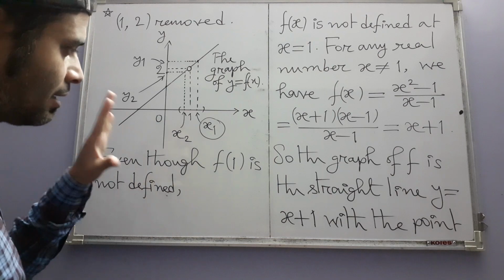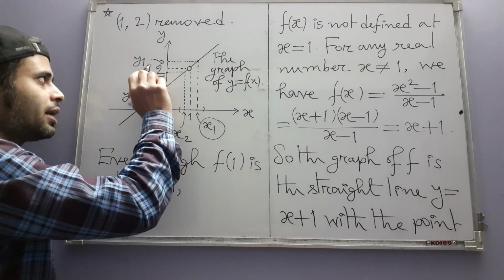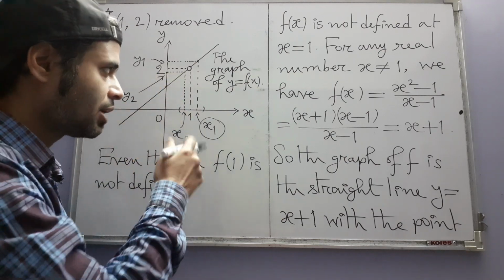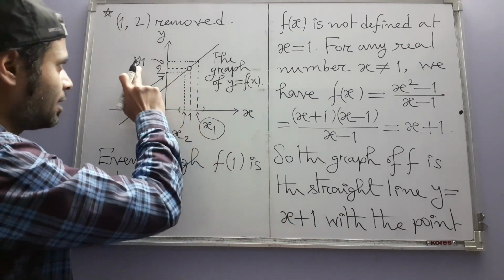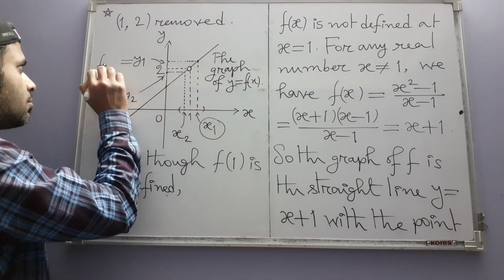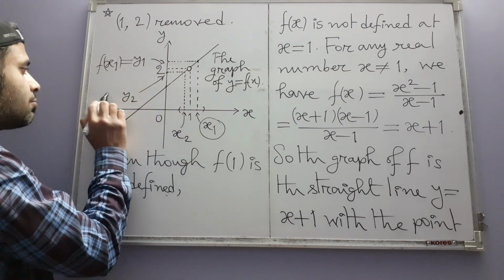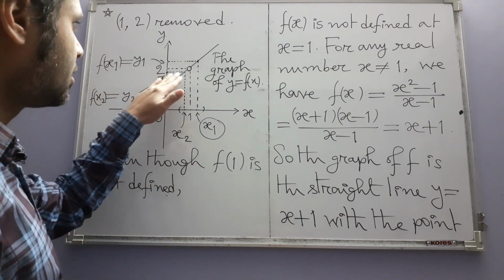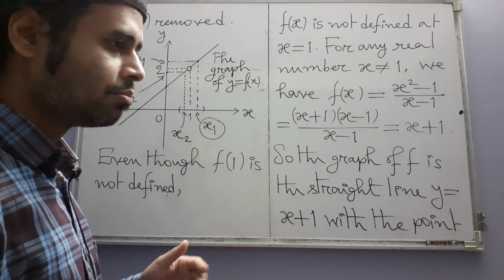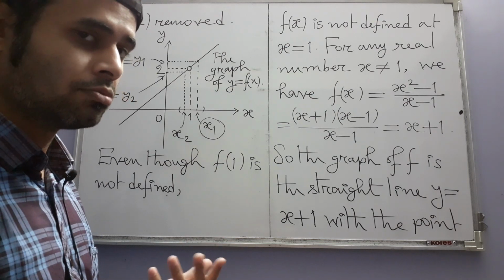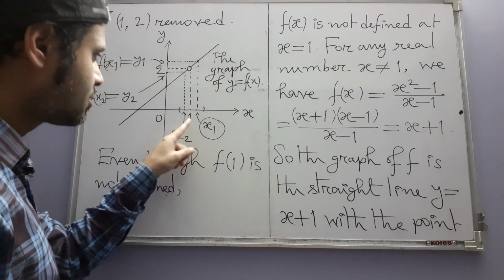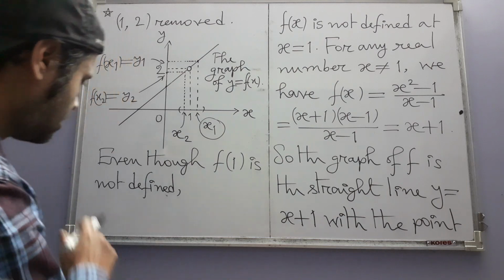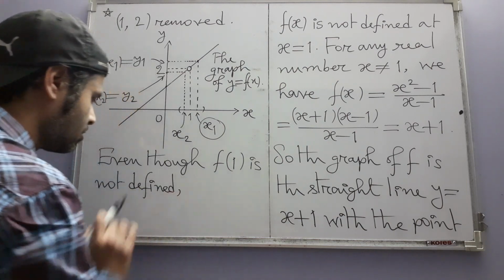What that simply means is that you can make these y values y1, y2, these are after all functional values f of x, y1 is f of x1 and y2 is f of x2, these values get arbitrarily close to 2. That means you can make them as close to 2 as you want, by choosing your x values sufficiently close to 1. Okay, so that's what the authors are writing in this line.